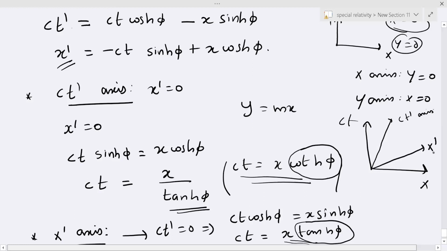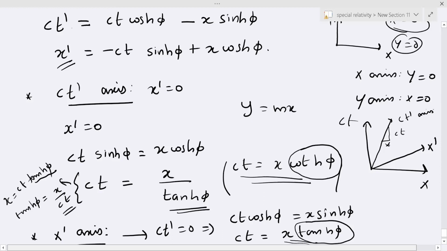If you draw it, you'll see that it has exactly the same slope. This slope is CT by x. Or let's put it like this: x equal to CT tanh phi, so you can say that tanh phi is equal to x divided by CT.